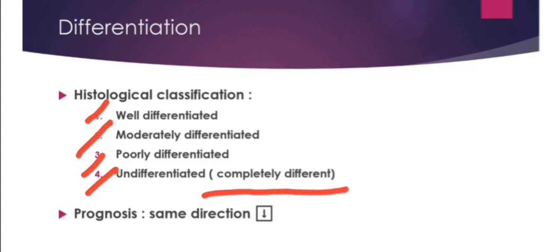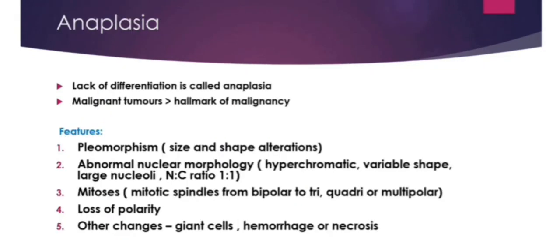So there will be very little resemblance to the normal tissue. And the prognosis will be in the same direction as we discussed before. So well differentiated will have good prognosis, moderately differentiated will have less prognosis, poorly differentiated will have even less prognosis, and the undifferentiated will have no prognosis at all, or the prognosis will be very minimal.